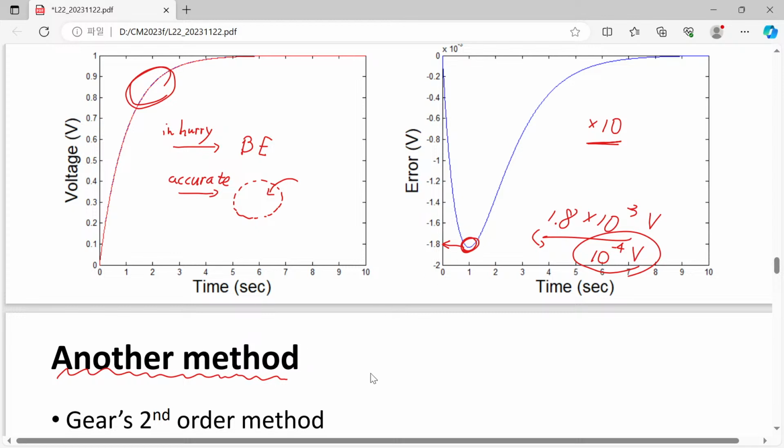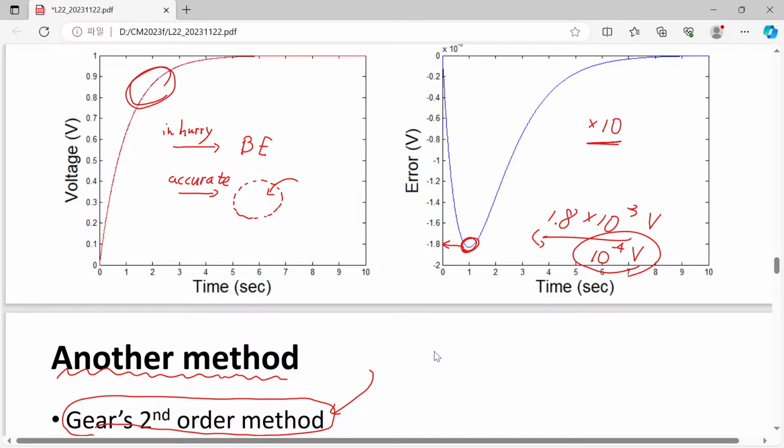There are many other different methods, and especially for device simulation with the drift diffusion model, actually this model is not used because we have even better models for the time derivative.